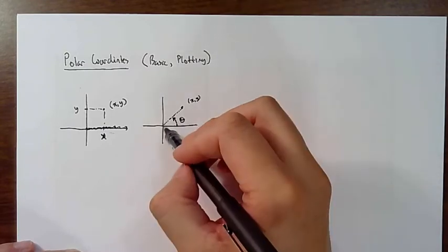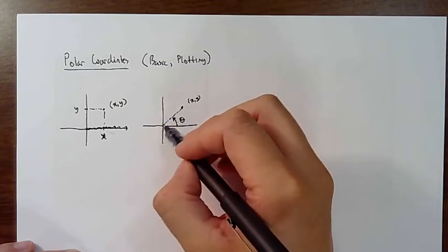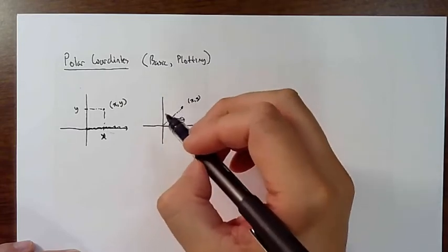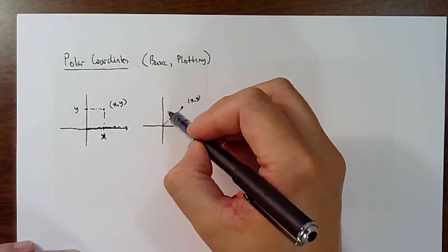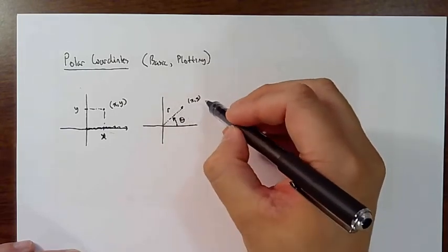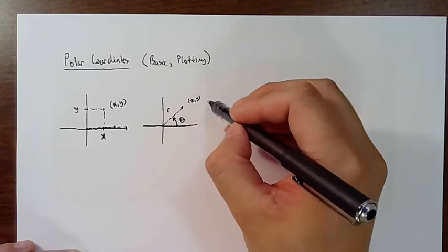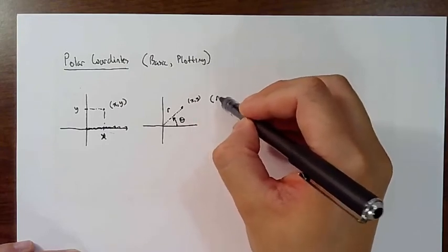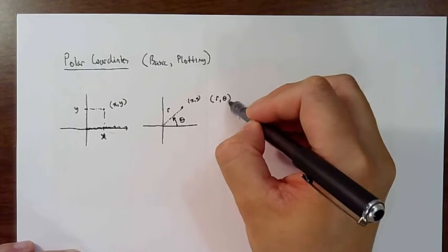Then, pointing in this same direction that the spline points, we use the length r here, which is the length of this section. And instead of designating this point as x and y, we can designate this point as (r, theta).